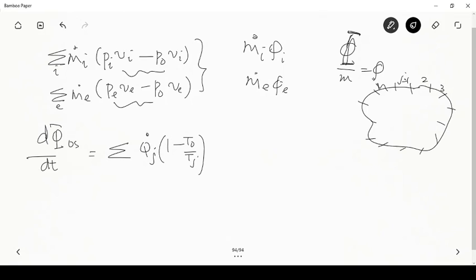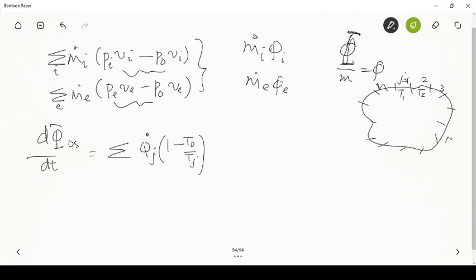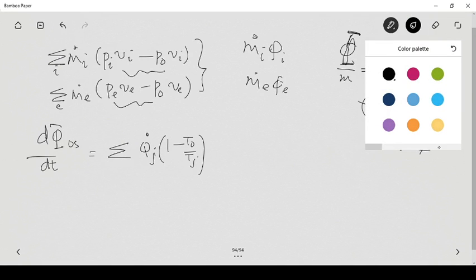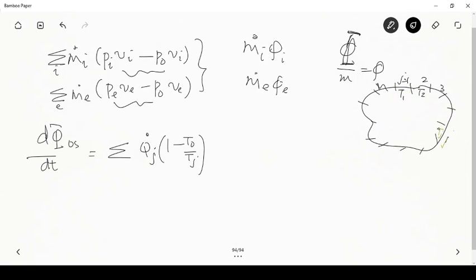Then in each of these segments, let us say the temperatures are T1, T2, say Tj for segment j, and Tm for segment m.